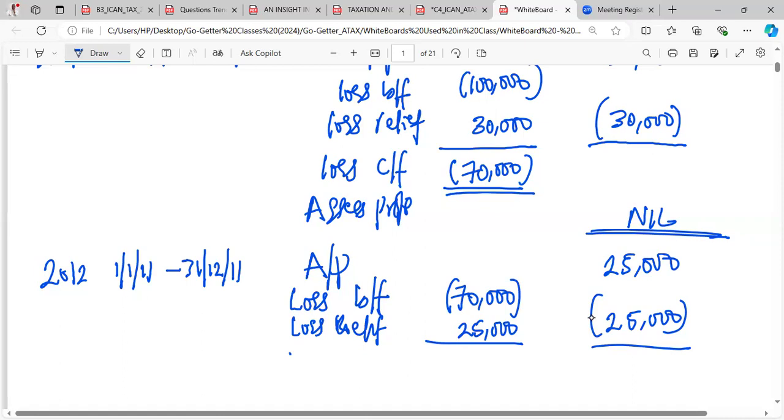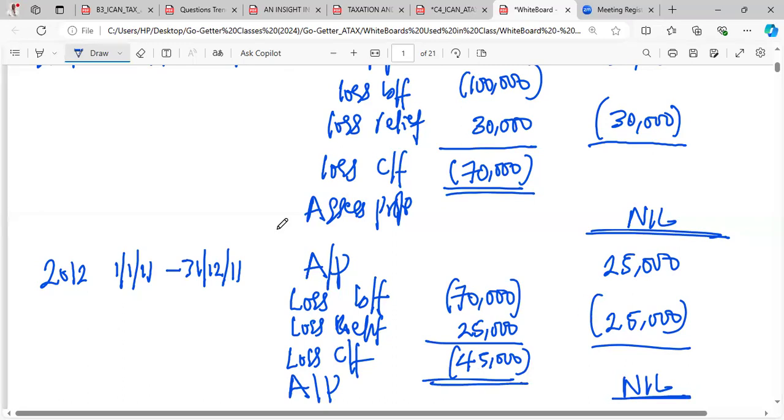So this is loss carried forward. Loss carried forward. So you have 70 minus 25. So that should be 45. Then your assessable profit is going to be nil.